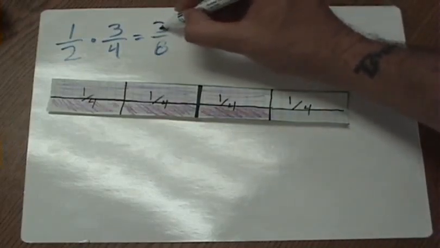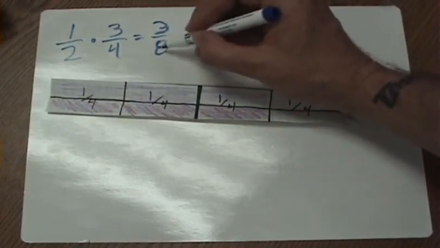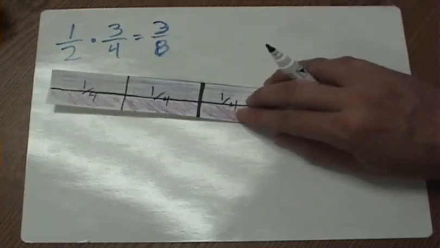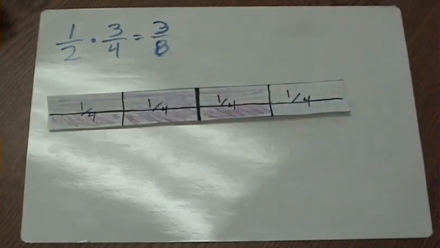So this shows us that 1/2 of 3/4 is equal to 3/8.